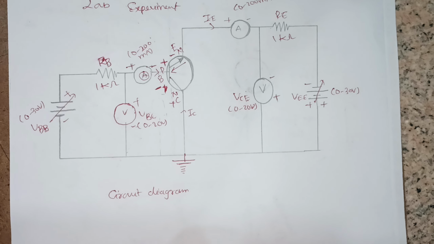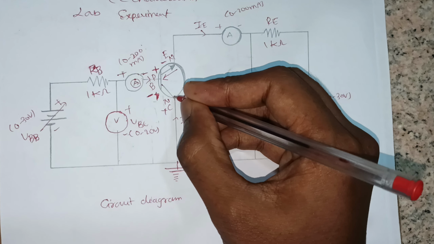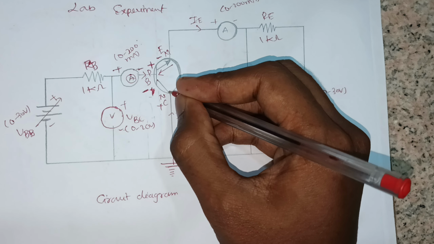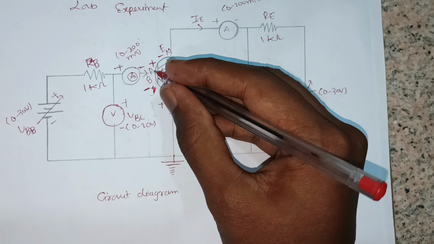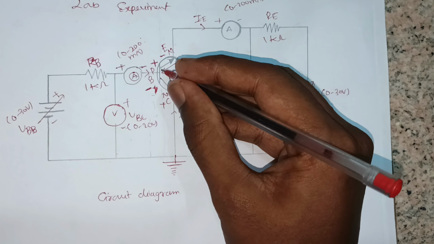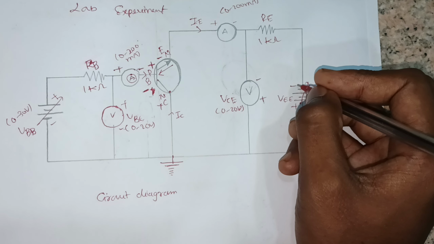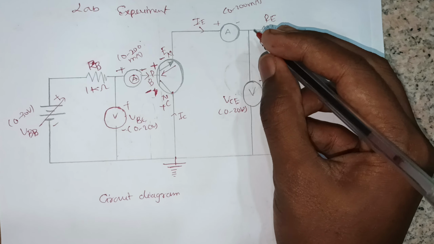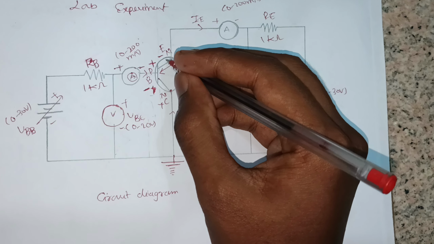The collector collects the electrons flowing from the base.